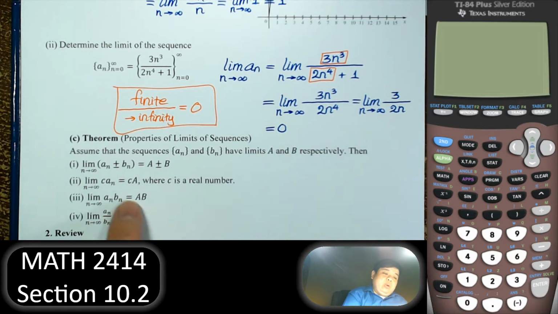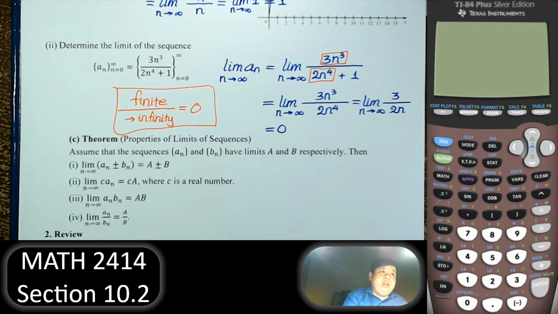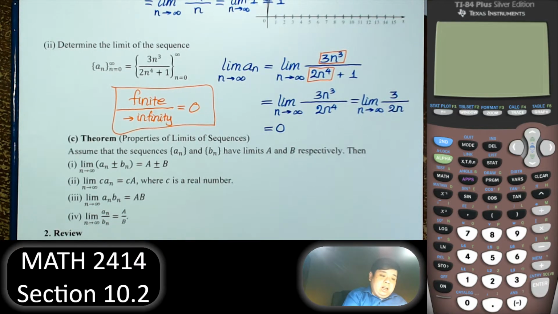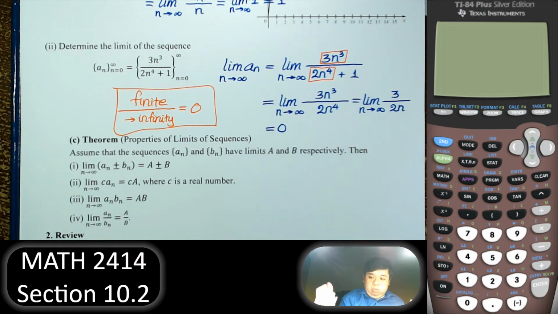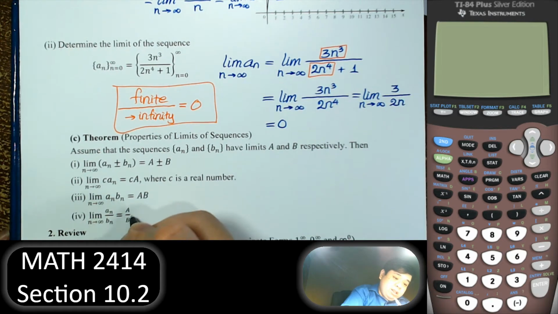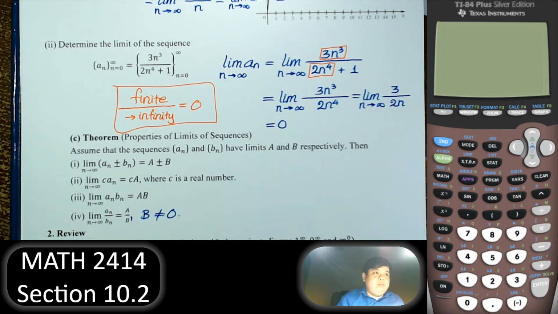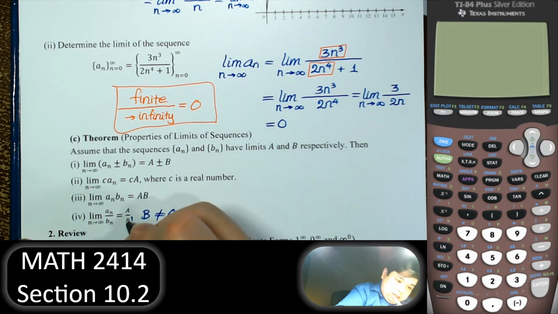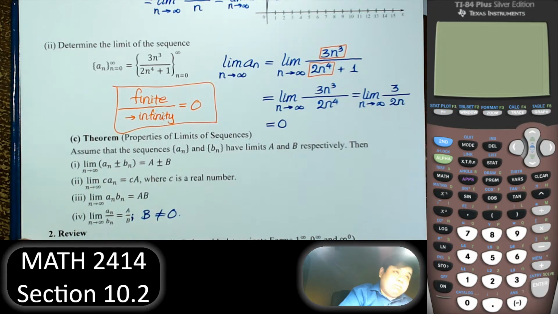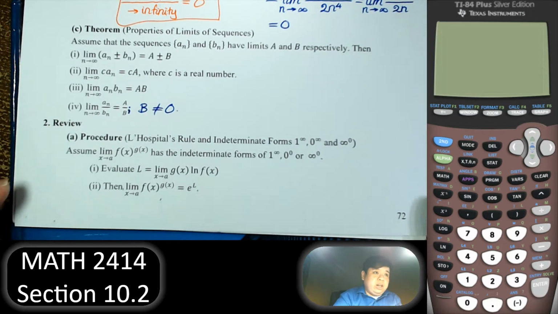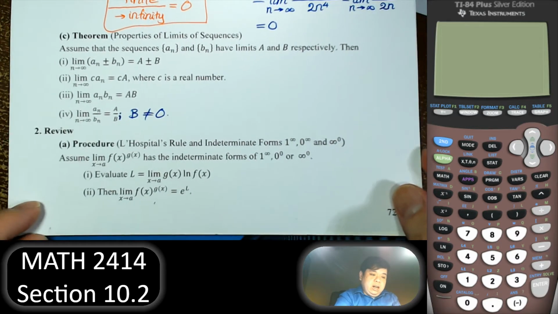We can take the constant outside like we did with integrals. The limit of a product is the product of the limits. The limit of a quotient is the quotient of the limits, except make sure that we don't divide by 0. That's all. So like I said, there's nothing new. This is also nothing new.